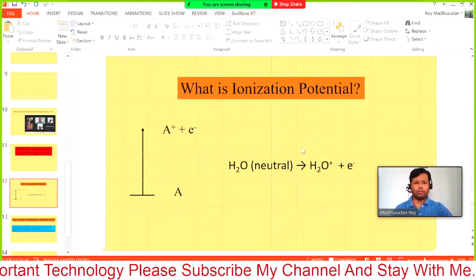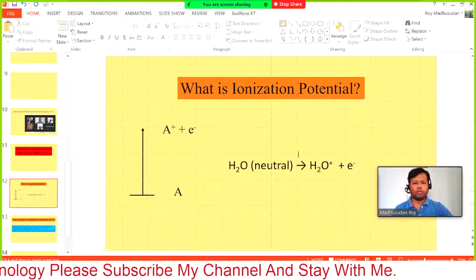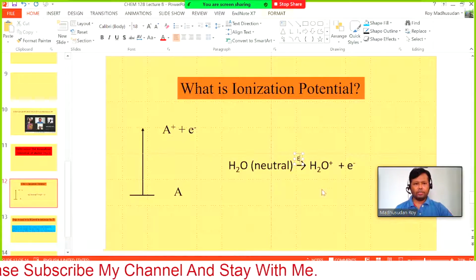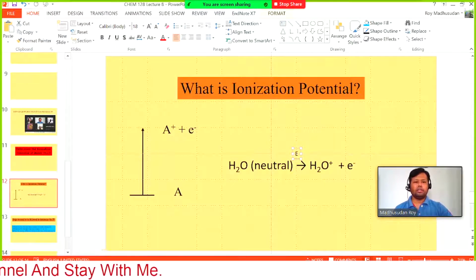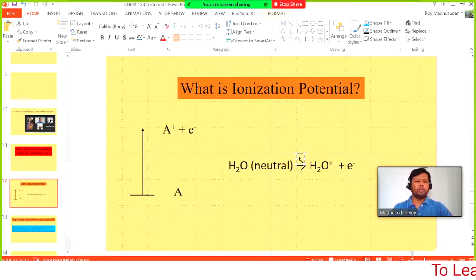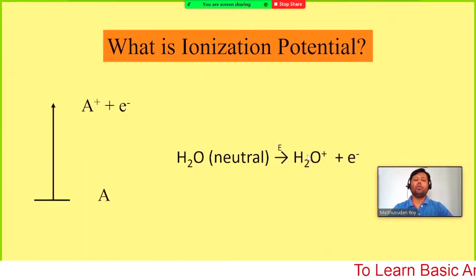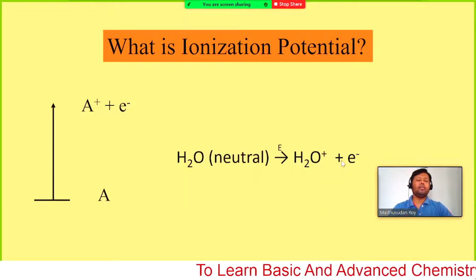So I should put some here in the form of energy. You can write down energy or some frequency in lambda ohm or something like this. So we put some energy in the molecule so that it can remove 1 electron to form a cation plus electron.